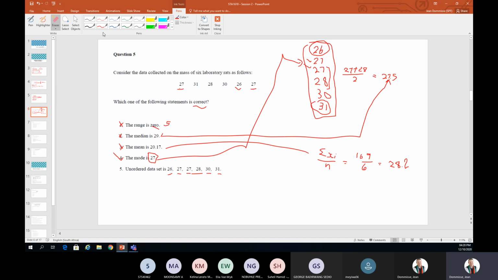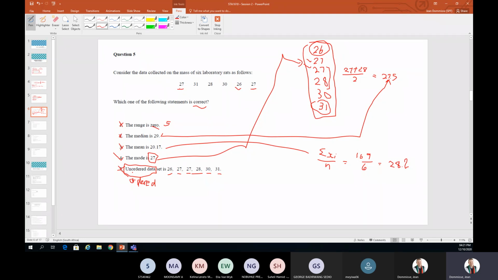And I didn't read because there it says unordered data set. So it's actually wrong. That set is an ordered data set. So this is for ordered data set. Okay, so I actually made a mistake. I thought I was just looking at that. I didn't actually read that. I just thought that is what they wanted, but that is actually the ordered data set, so it should be wrong as well.